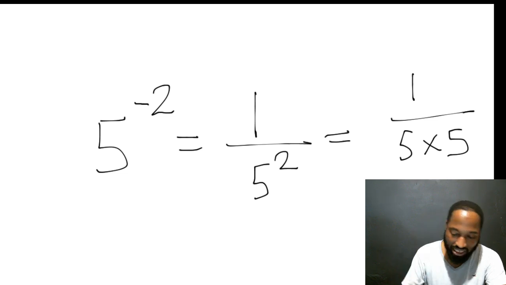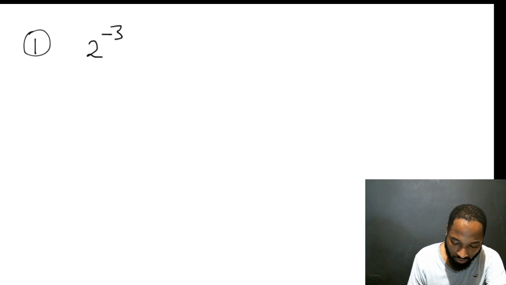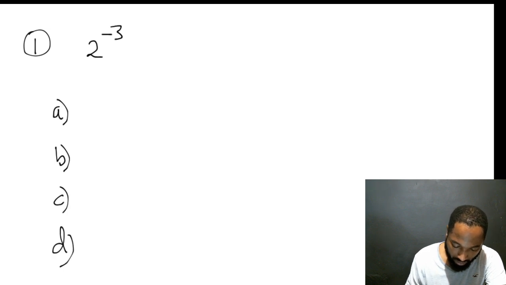Alright, so let's try some questions on this one, since this one was a little antsy. So what is the value of 2 to negative 3? And I'll give you some answers to pick from.